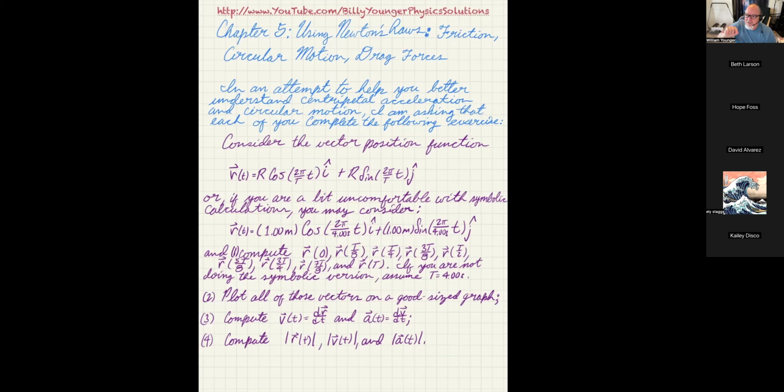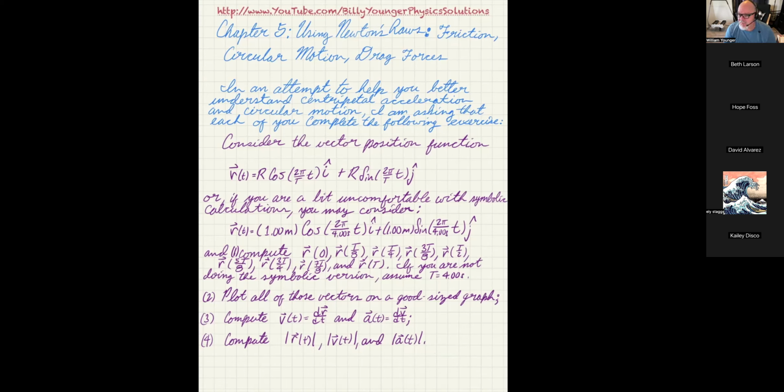Okay, so it's actually a position vector for an object going in a circle of radius R. And the period of that circular motion is 4.00 seconds, or symbolically just plain T. Now, why did I say 4.00 seconds? That's because the next line says, or if you are a bit uncomfortable with symbolic calculations, you may consider r of t equals 1.00 meters.